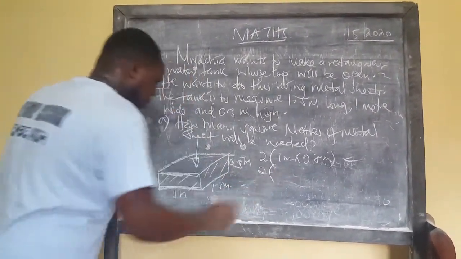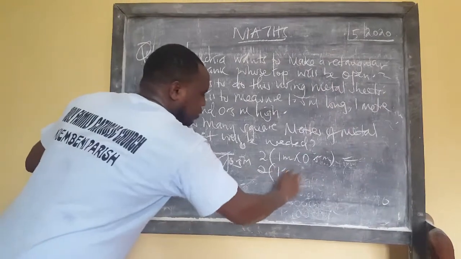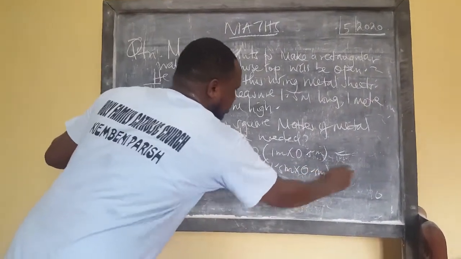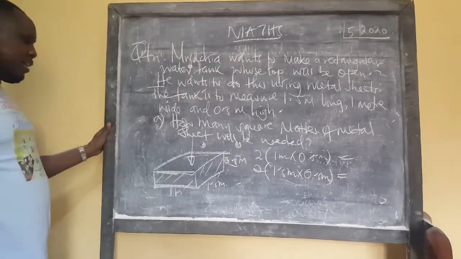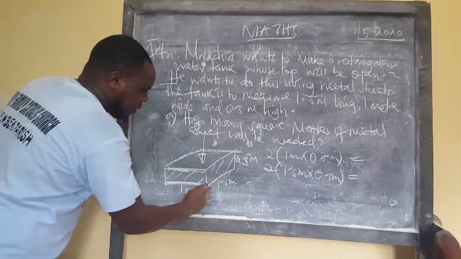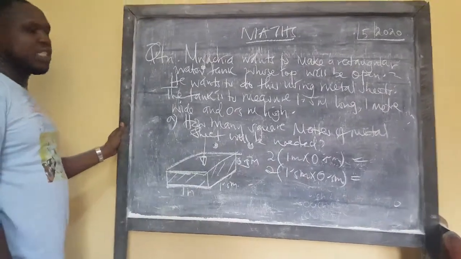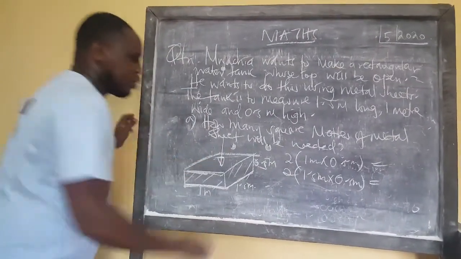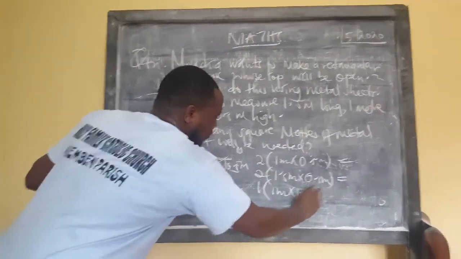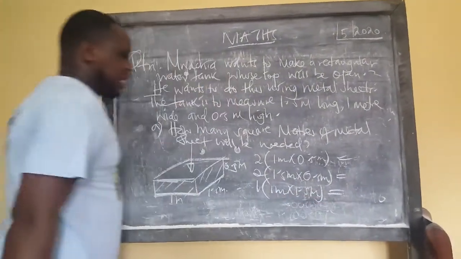So 2 measure 1.5 meters by 0.5 meters. You get the area of that. Then lastly, you get to know how many measure 1 meter by 1.5. It's 1 because the other one is not there. So 1 measure 1 meter times 1.5 meters. So you get that area.